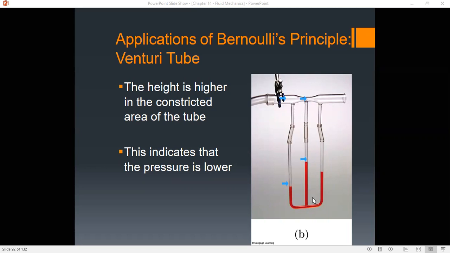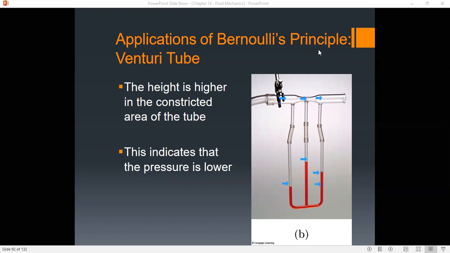Now, if this were an ideal fluid, and we let it slow down again, the point would come back to here. But notice this difference right here. This is actually due to non-conservative forces, viscosity, where the fluid slows down due to friction.